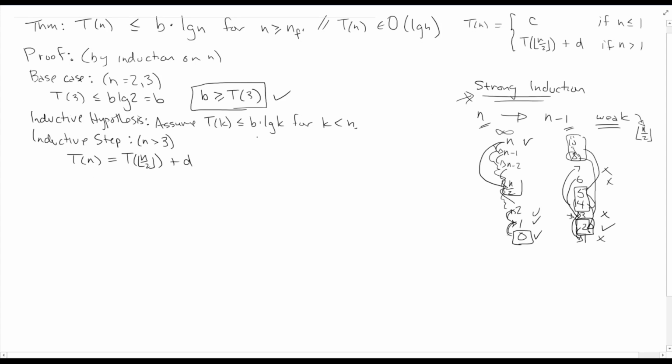All right, still we want to apply our inductive hypothesis, and again, it's probably important for us to do our double substitution. First, we need the floor of n over 2 to go in.